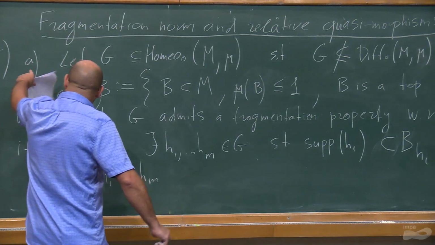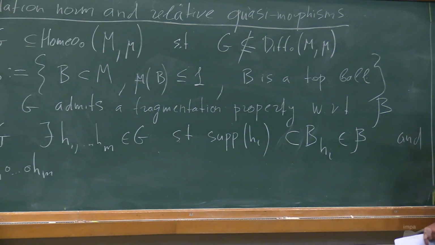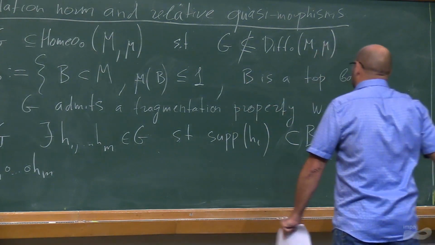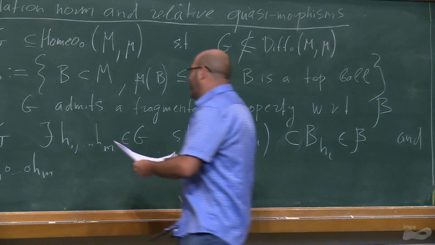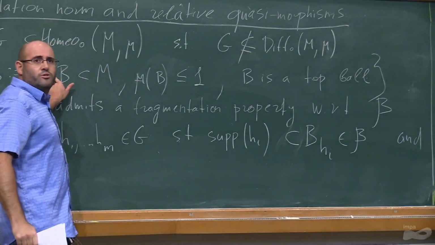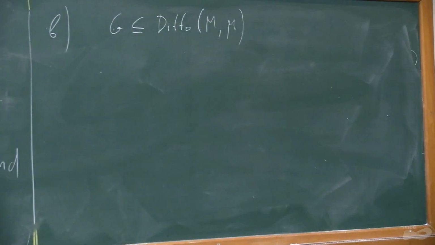And then 5b, this is a technical condition, basically everything is the same. In this case, G is a subgroup of diff 0 mu, and I will take beta prime. This ball is not topological, but smooth. That's all. And again, I will take the fragmentation property with respect to smooth balls. I will just need this at the end.